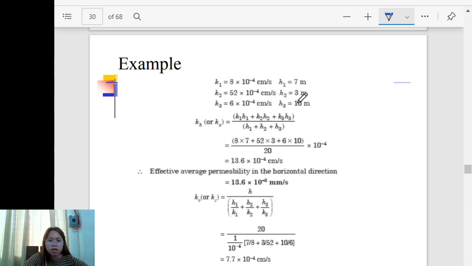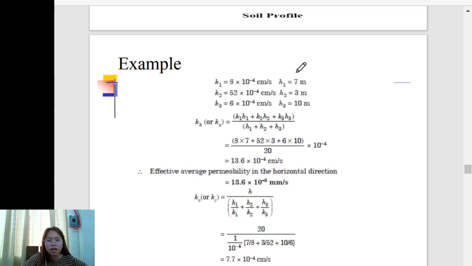You have to add the heights of the layers of the soil. Then this is the average permeability in the horizontal direction.